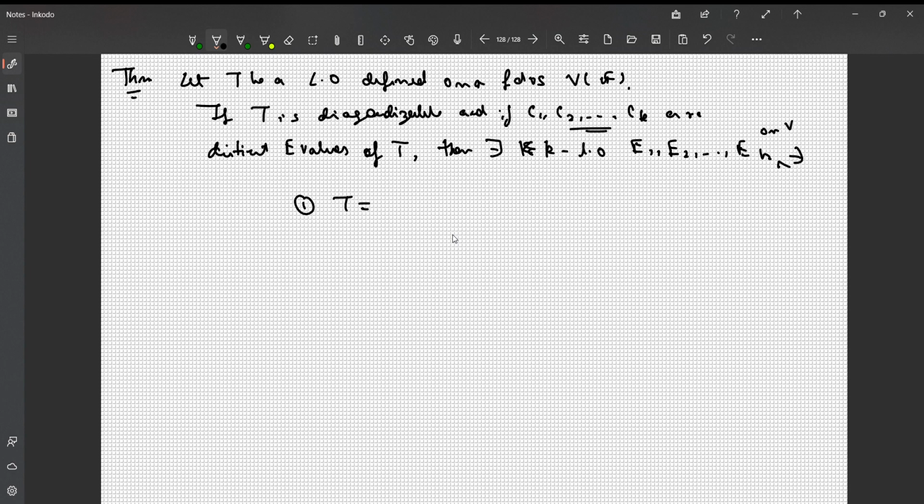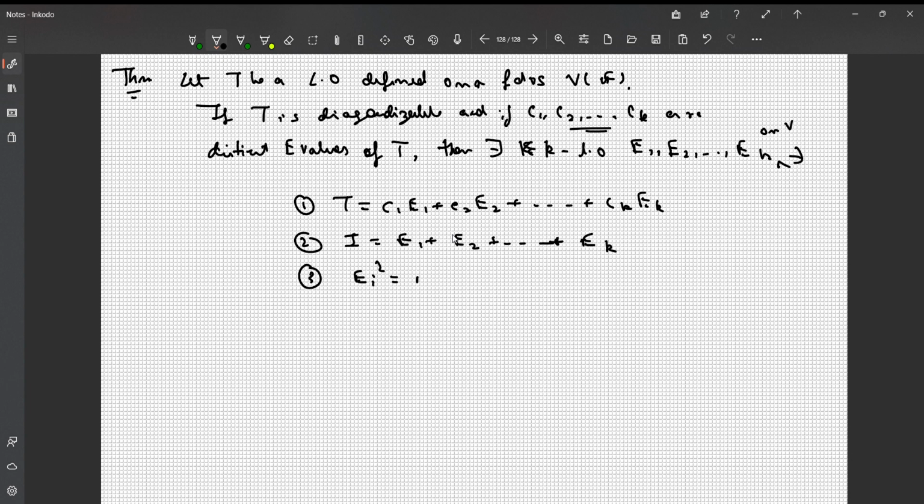That is, number 1, we can write the linear operator T as a linear combination of these operators, but the coefficients come from these distinct eigenvalues, right? So it's c1 E1 plus c2 E2, and so on till ck Ek. Number 2, we can decompose the identity operator as E1 plus E2, and so on till Ek.